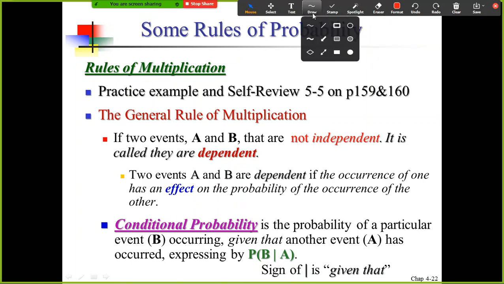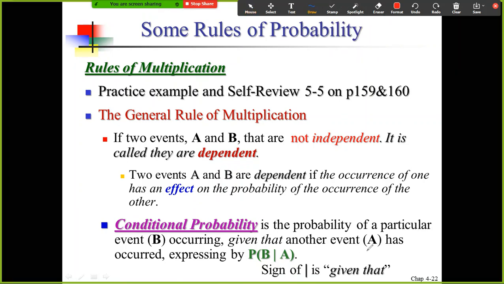So in this case, event A comes first, then event B comes later. The occurrence of event B, the second event, is considered under the condition that event A has come first. So we want to study the probability of event B under the condition that event A has occurred.